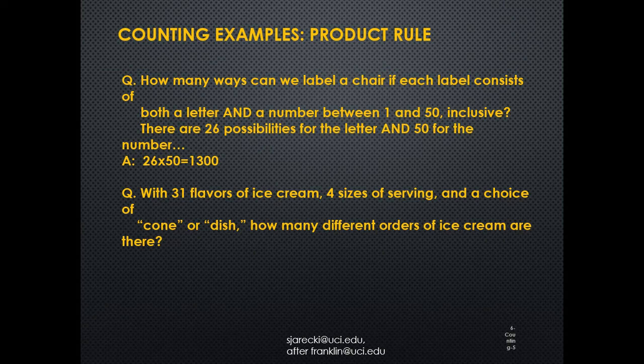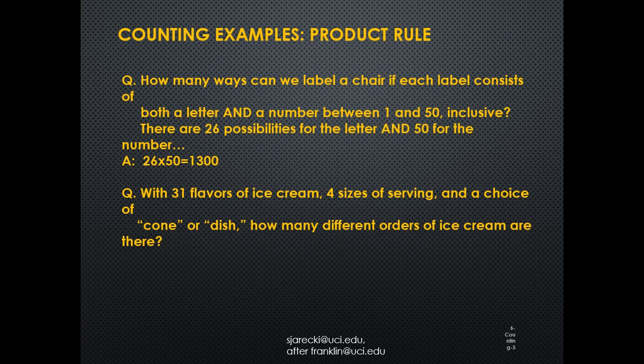So therefore, since there are 26 letters in the alphabet and there are 50 numbers that will be involved in labeling a chair, the answer is you are going to multiply 26 and 50.